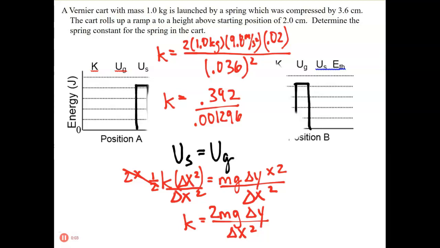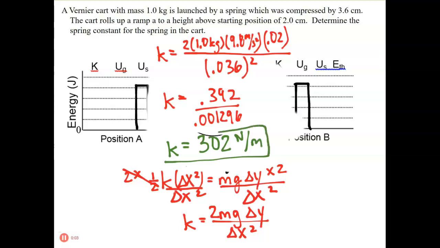Looks like it's about 300 newtons per meter, because that's our unit for the spring constant, about 302 newtons per meter. And we solve for the spring constant using conservation of energy and the energy bar charts.